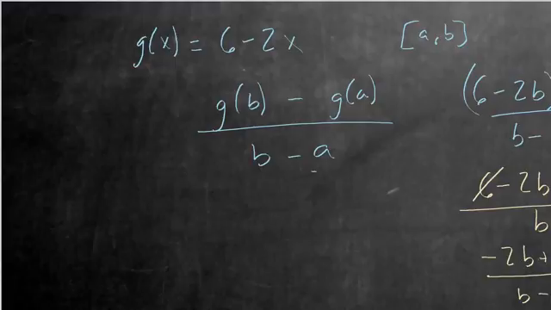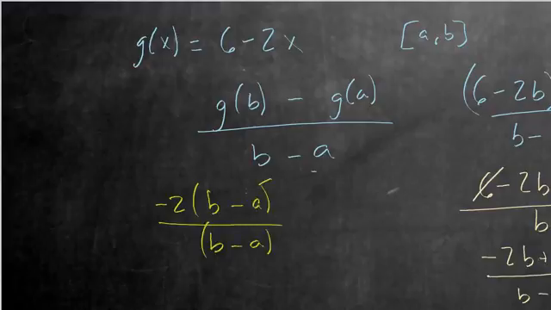If I factor the 2 out, and actually if I factor the negative 2 out, because we know that's where we want to be going, I end up with b minus a over b minus a. If these go away, I'm left with a constant average rate of change of negative 2. And we've proved it. Sweet.